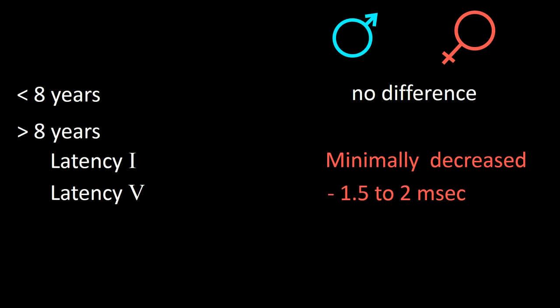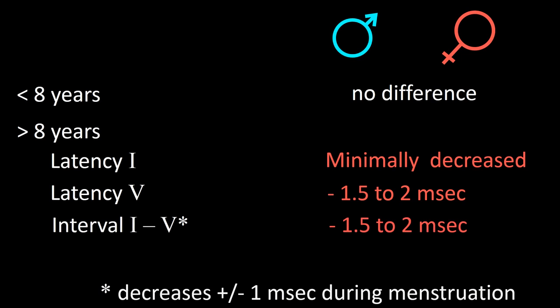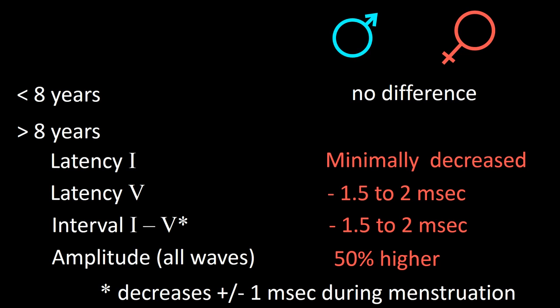Latency to wave 5 is about 1.5 to 2 milliseconds decreased in females. And the interval between 1 and 5 is also significantly decreased. It is interesting that this decrease seems to be maximal during menstruation. The amplitude of all waves are 50% higher in women than in men.